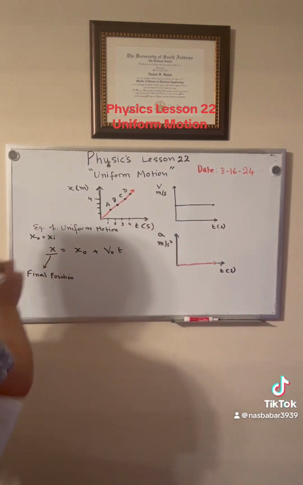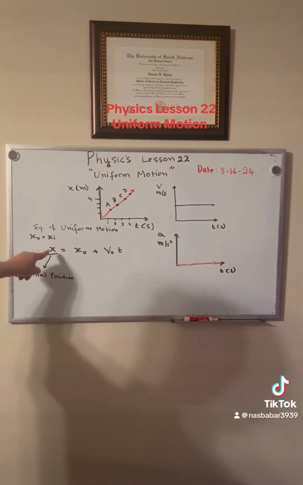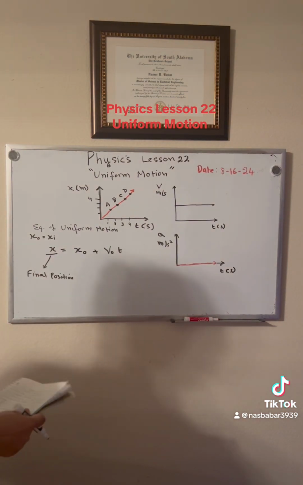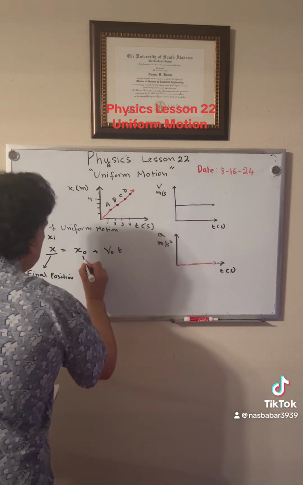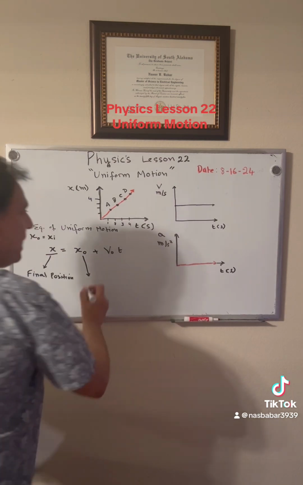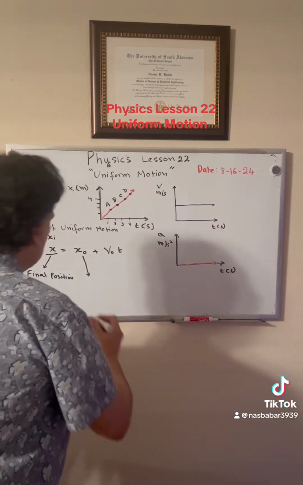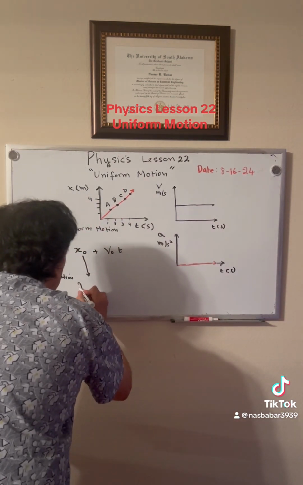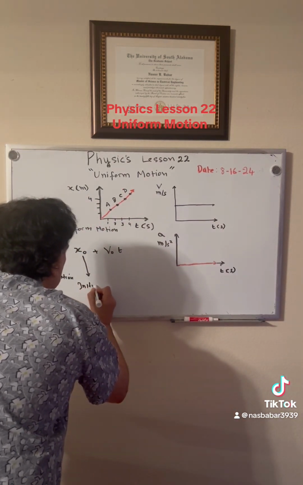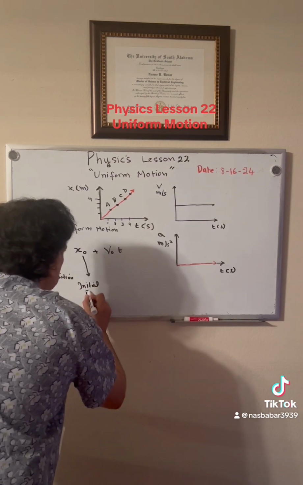So that is what I mean by x. x0 right here is where I am standing. That's my initial position. So I'm going to write this down as initial position.